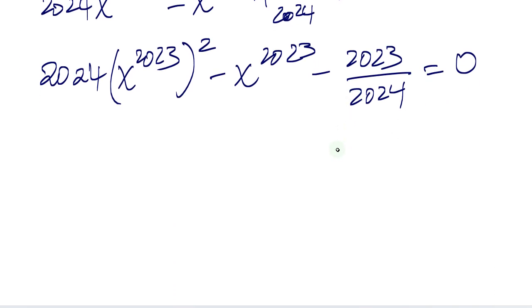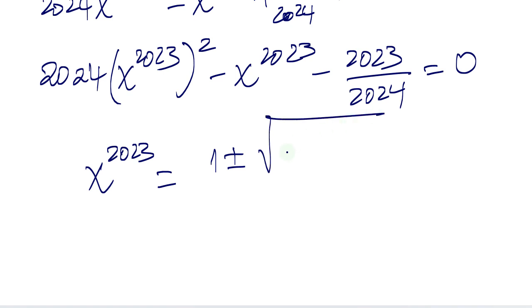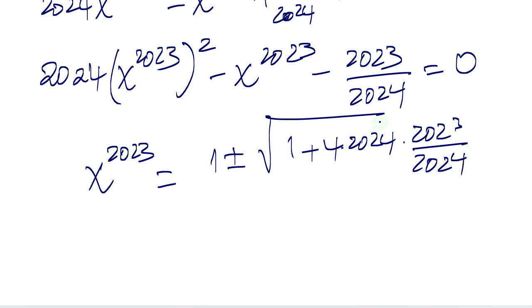And then we have another quadratic equation in terms of x to the 2023, which would be equals to negative 1 here, which is 1 plus or minus square root of negative 1 squared, which is 1, and then plus here 4 times 2024 times 2023 divided by 2024, right?